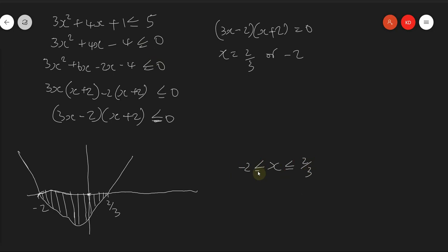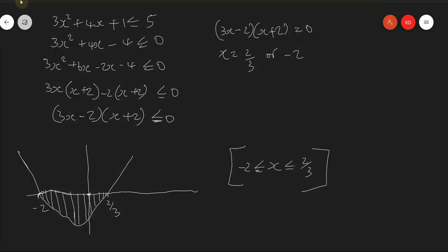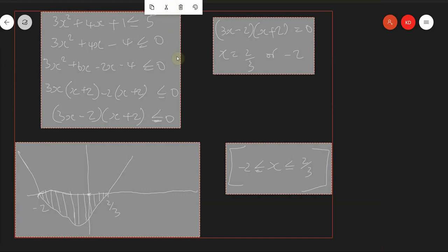Right, so this would be our solution. And now for the next problem, should be simpler. Hope you understood this graphical method.